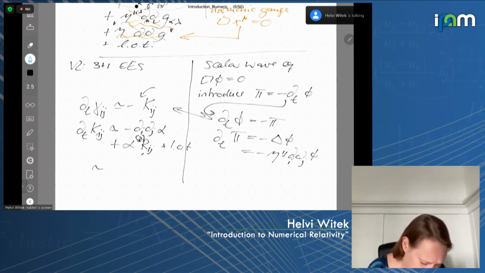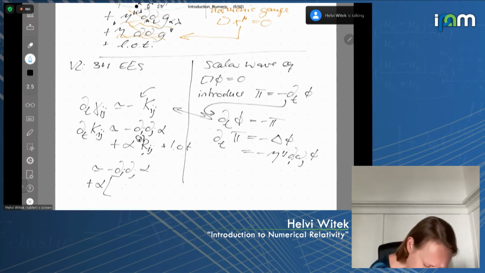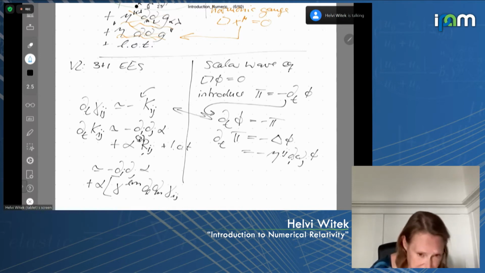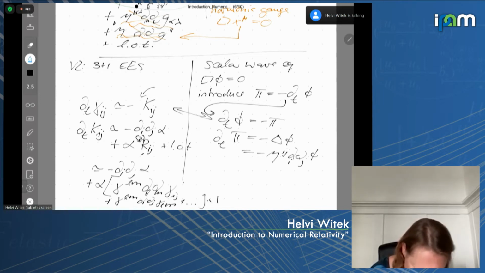What we get here is our second derivative for the lapse, and then we have these terms alpha times 3-metric gamma LM, dl dm of our metric gamma ij. So this one's good, but we will also find these other mixed terms of this form, like so. And we, of course, have also the other combinations thereof, and then these lower order terms.